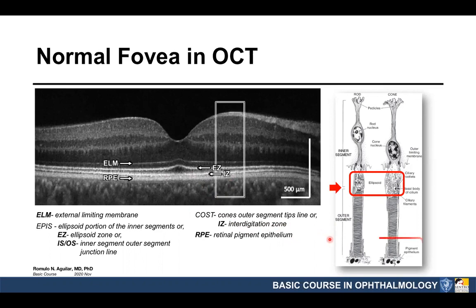In the drawing, it corresponds to this part, the part where your photoreceptors interdigitate with the microvilli of your RPE cell. That's why it is referred to as your interdigitation zone. So in evaluating foveal health, you have to also look at these zones and lines in the OCT.